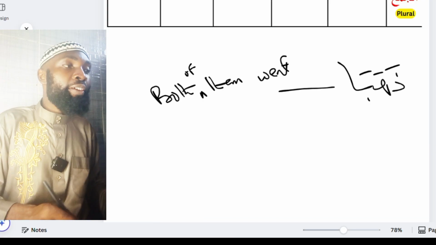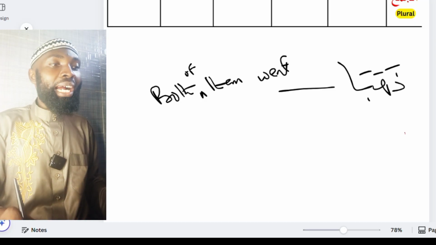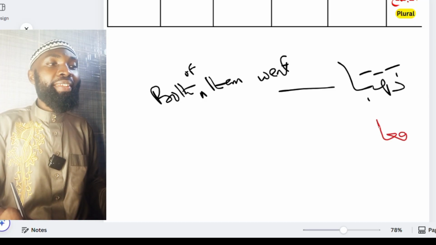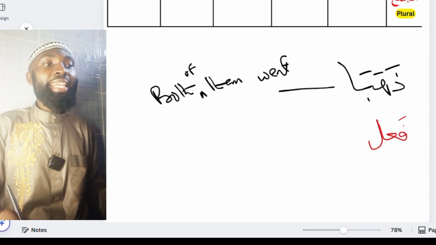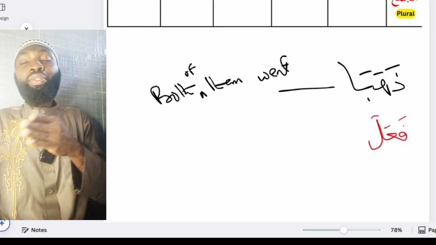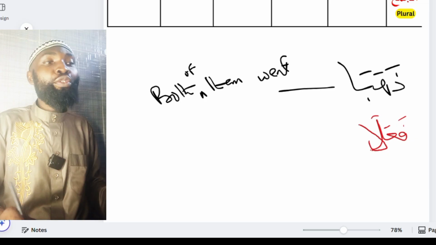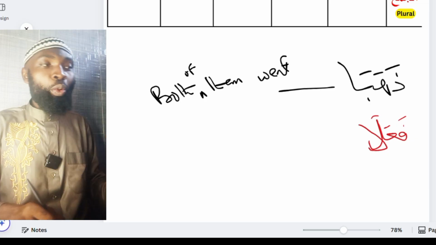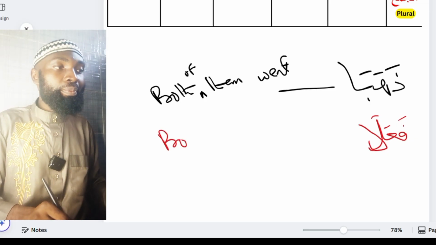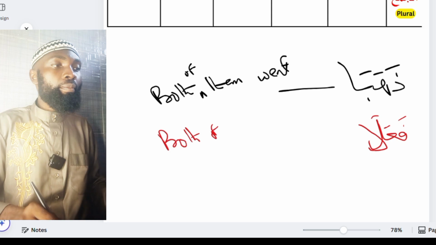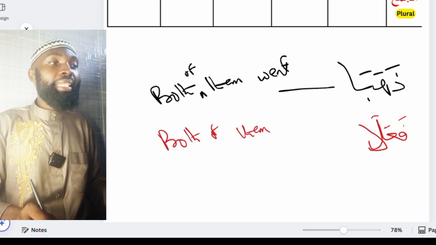Now, if we have the verb fa'ala, which means he did originally. Fa'ala, he did. So now you want to say both of them did, you will simply add the alif to it also to give you fa'ala, which means both of them did.